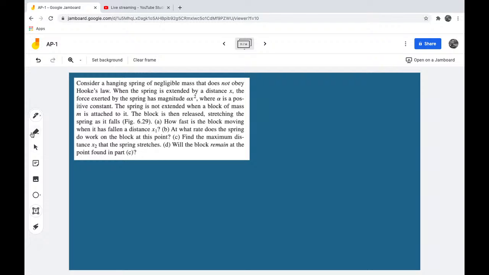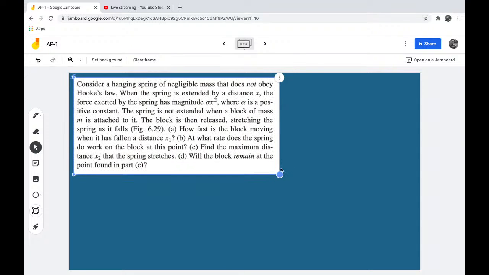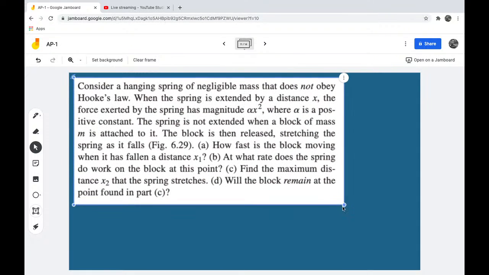I have one example over here. Let me first read it for you, then we can solve it on the same screen. Consider a hanging spring of negligible mass that does not obey Hooke's law. When the spring is extended by a distance x, the force exerted by the spring has a magnitude alpha x square.